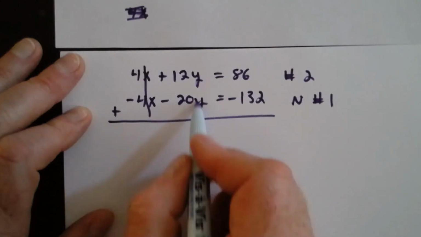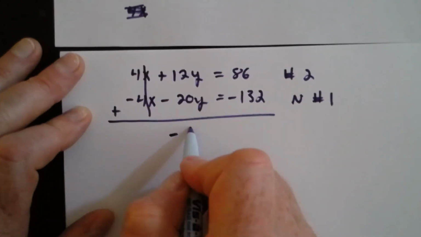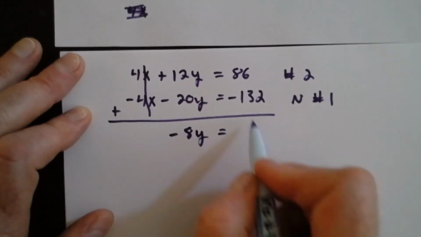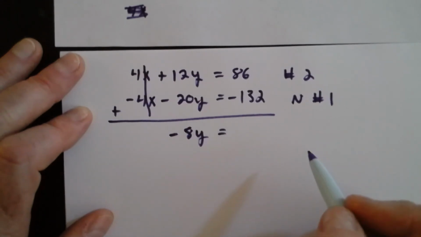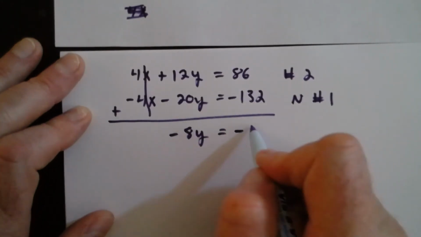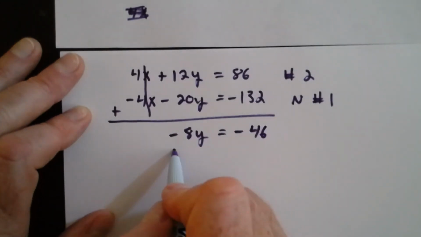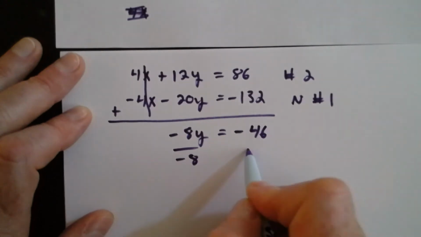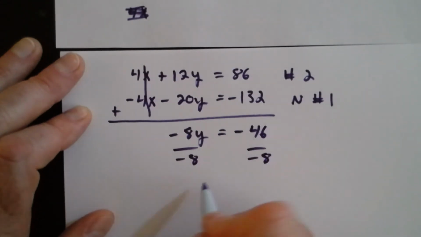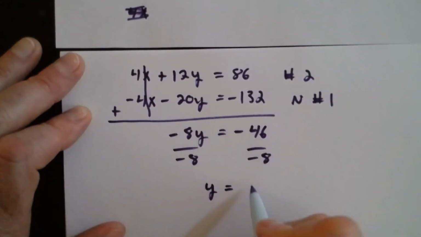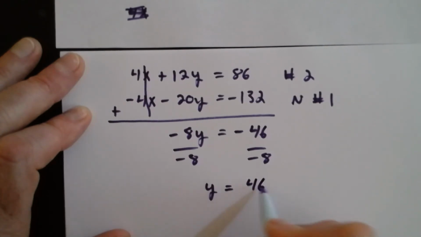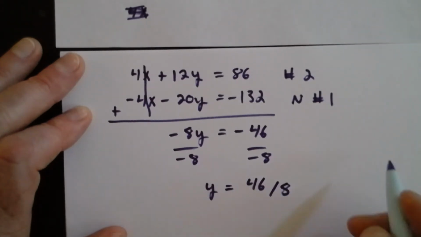And we're going to have minus 20y plus 12y, which is minus 8y. This is going to be equal to 86 minus 132, which is minus 46. And so we're going to divide by negative 8. Negative 8. Y is equal to 46 over 8.